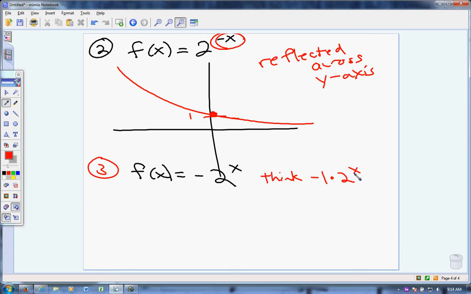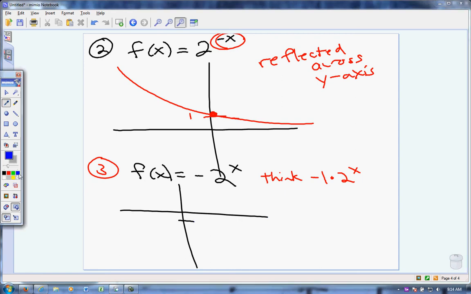It's not negative 2 to a power. It's like negative 1 times 2 to the x. If I look at the graph of this one, it's reflected across the x-axis, okay? And instead of going up like this, it's going to come down like this.